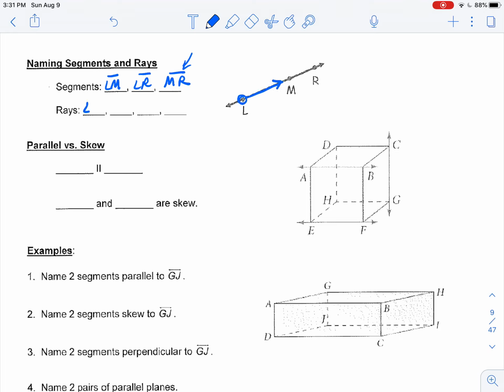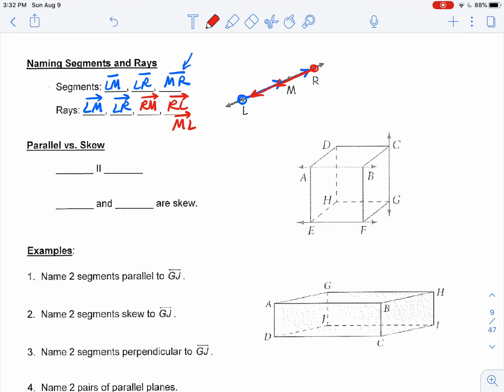So we can say this is ray LM, starting at point L, going in the direction of M, or we can extend that, and let's call that ray LR. Now we can come from the other direction. We can start at R and go in the direction of M, so we have ray RM. We can also extend that and identify that as ray RL. We can also identify ray ML. There's lots of ways. And I guess, no, we already got that one. So I think that's it.